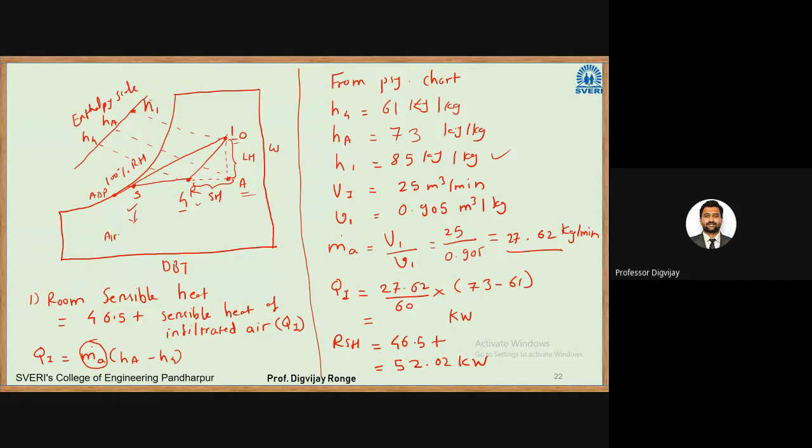We have air coming after the cooling coil, then recirculated air from the room, and somewhere there mixing takes place. That mixing is given as 60% return air and 40% supply air. So this SR line, we have to divide by considering the 60-40 ratio.